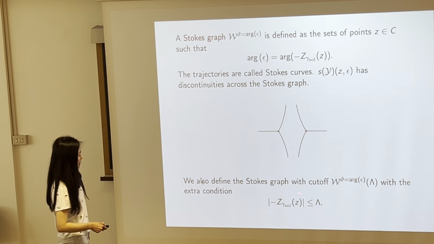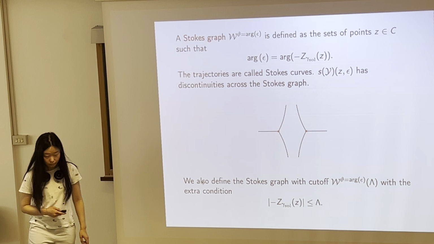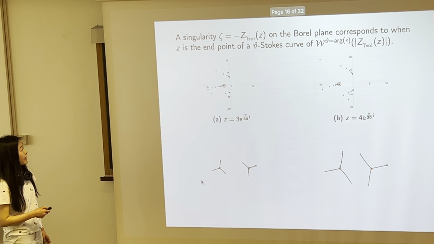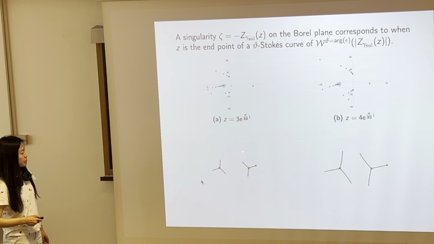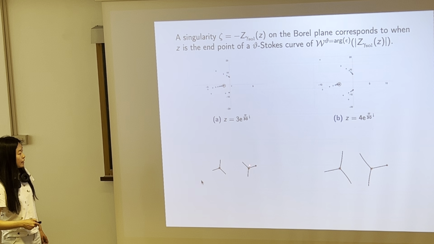And here we have the argument, and here we have the absolute value. So to check the statement that the singularities are at the negative soliton central charges, it is enough to check that if we plot the corresponding point Z as the red dot on the Riemann surface, there will be a Stokes curve which ends at this exact point if we use the cutoff energy as this one.